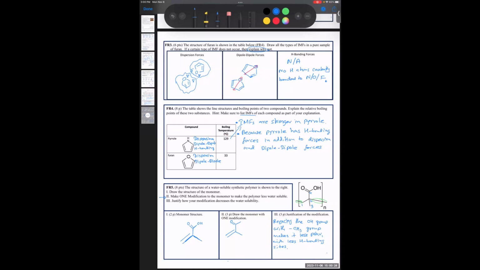So if you want to, you can write: therefore, it interacts less with water. Okay, so I think that should take care of it. That's it. We're done.